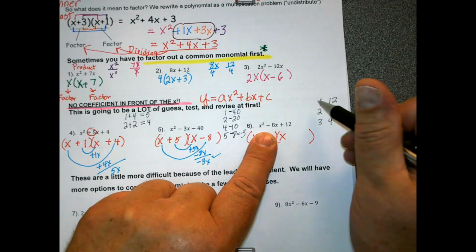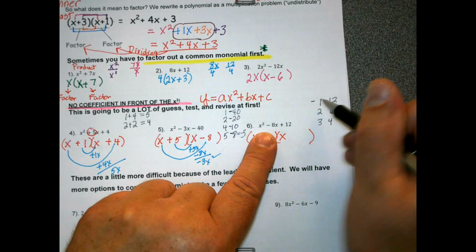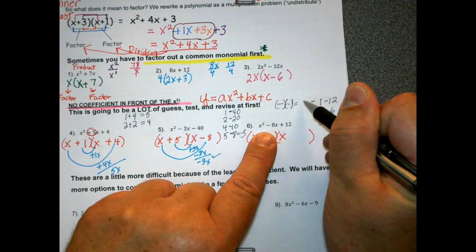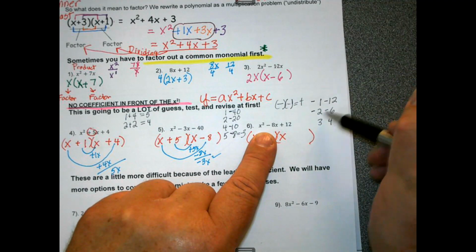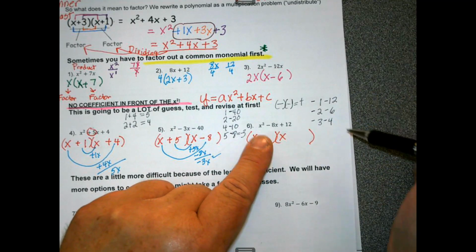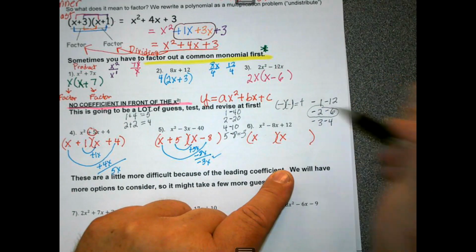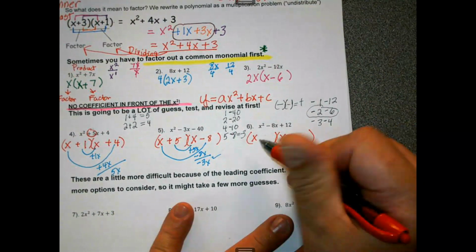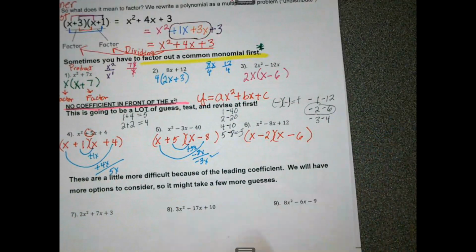So both of my factors are going to be negative because a negative times a negative equals a positive. So they're both going to have to be negative here because when I add them together, they have to be negative 8. And just looking at these, negative 2 plus negative 6, negative 8. So there's my factors: negative 2, negative 6.